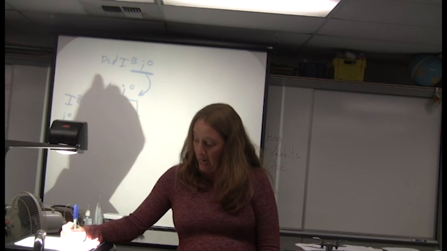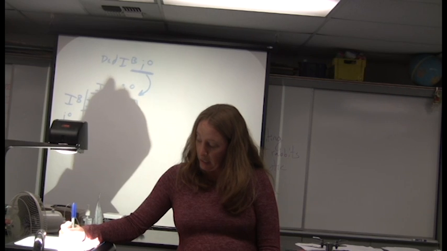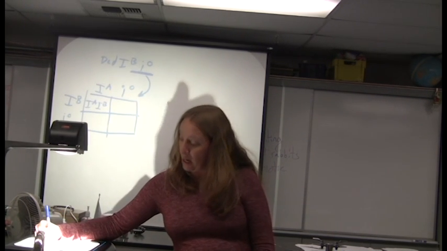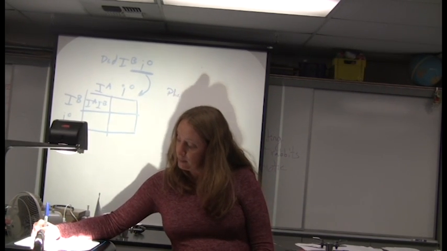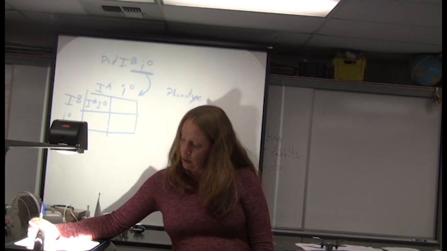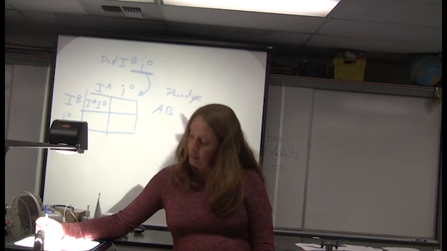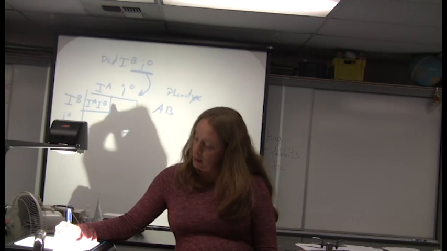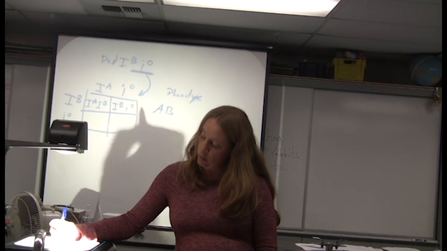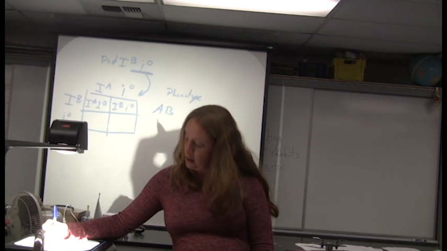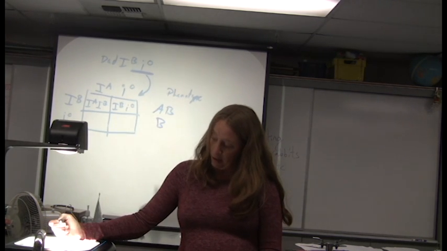You could have the A matching to the B, and you would have a phenotype child that is AB. You could have the B matched to an O. The O is recessive, it hides, and you have a blood type B child.